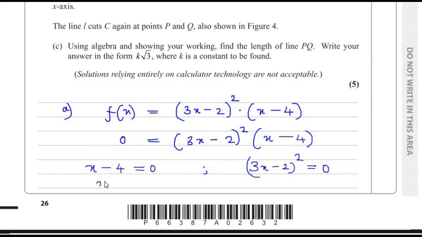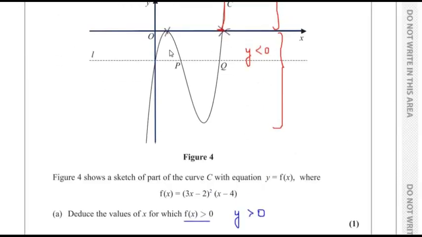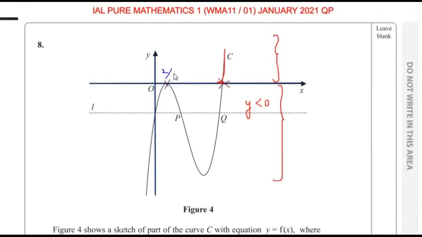So one value of x we have it as 4 here, and another value of x we get here is, since the square goes on the other side, it becomes square root of 0, which is again 0. So we have 3x minus 2 equal to 0, and we get x is equal to 2/3. So these are the 2 points where the curve is touching the x-axis. So obviously 2/3 should be over here, and this is the point 4 for the x-axis.